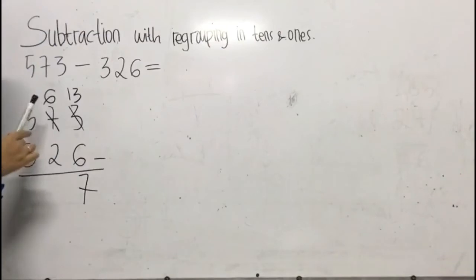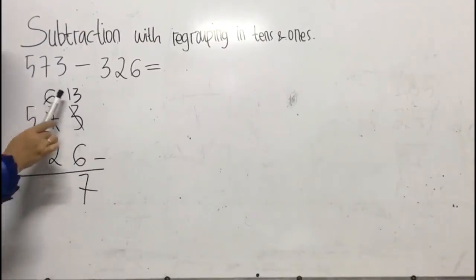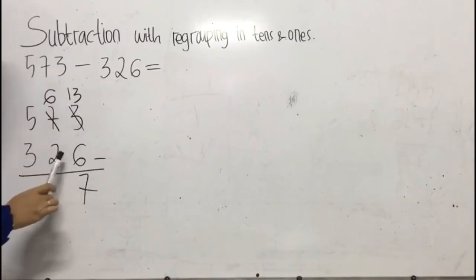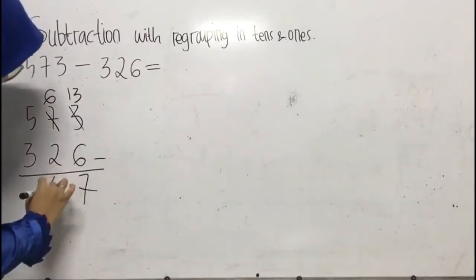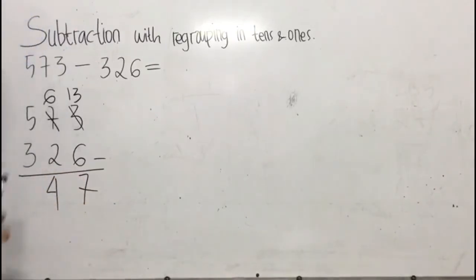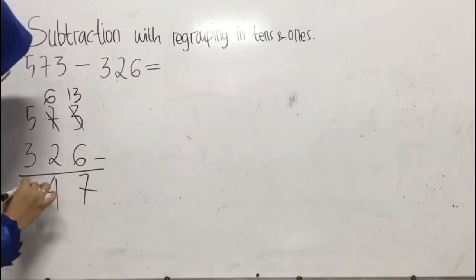And then subtract the tens. 6 tens minus 2 tens equals, yes, 4. Lastly, subtract the hundreds. 5 hundreds minus 3 hundreds equals, yes, 2.